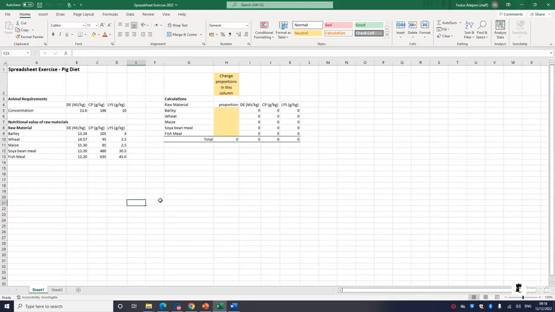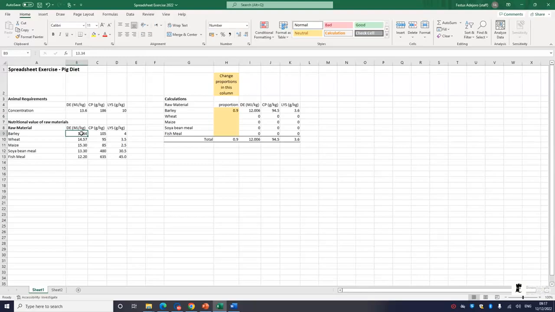Like I said, for the inclusion of any of these, for example, if I have 0.9 of barley, the total nutrient supplied by barley to this particular ration will be the concentration of barley in terms of energy, which is 13.34. Please, if you are confused, just signify at any point in time.